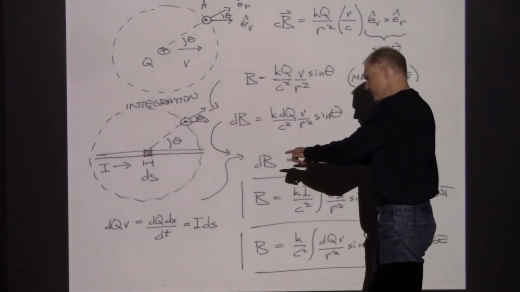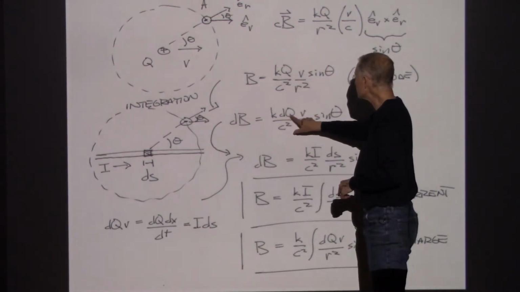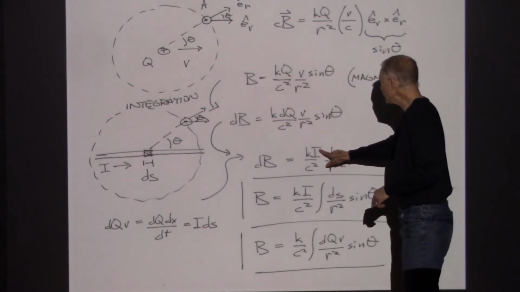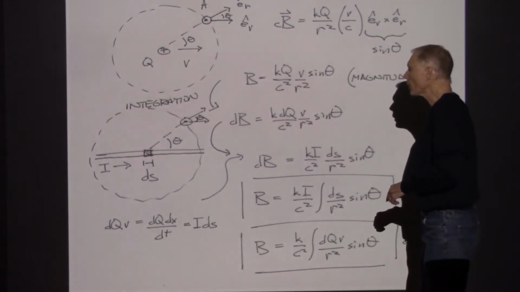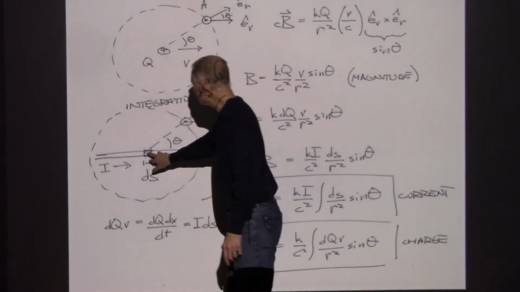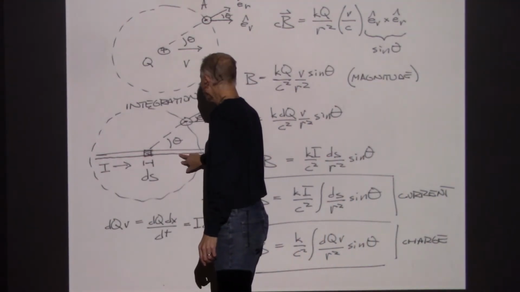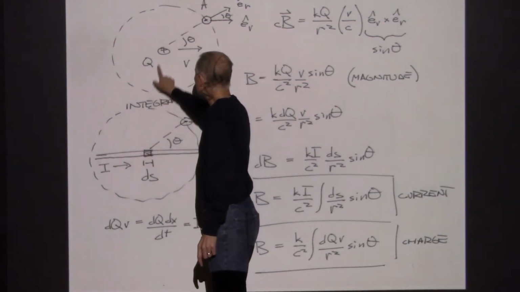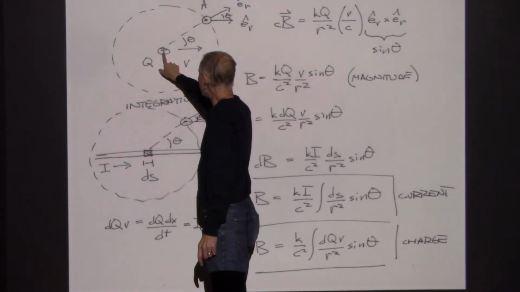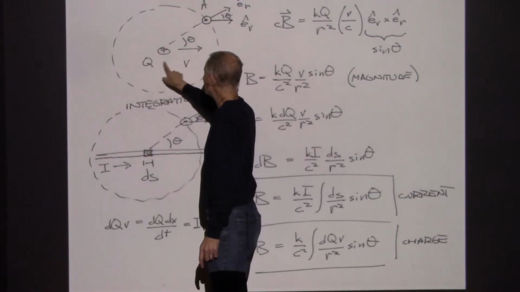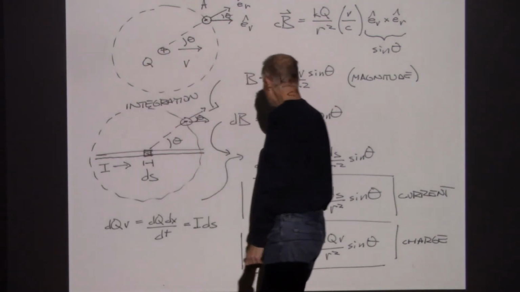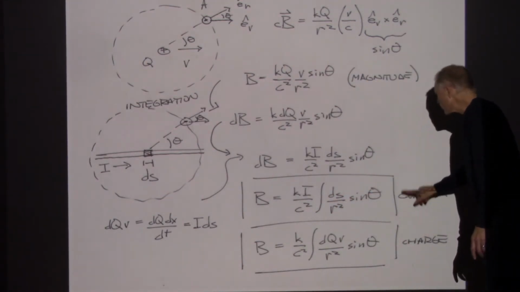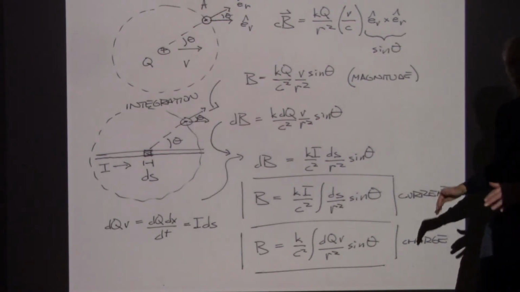What that is telling me is I can take out the dq times v and replace it with I times ds, where ds is a short segment of current. So if I had a current running here, there is a short segment. That's the same effect as the charge here moving with velocity v, if that's a dq. So we can do the integration either over the charge or over the current. Either approach will work.